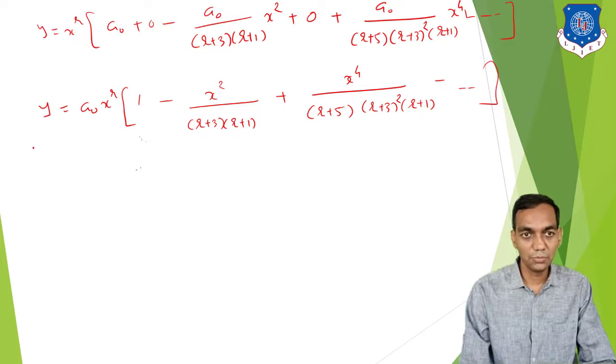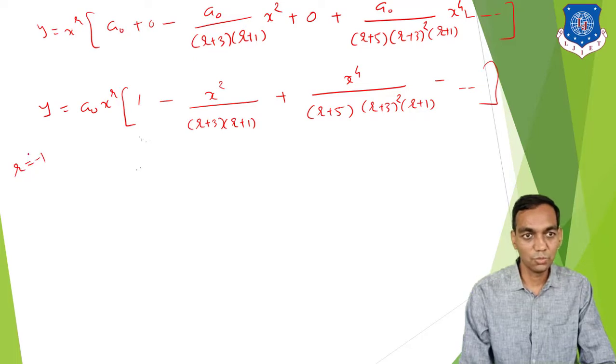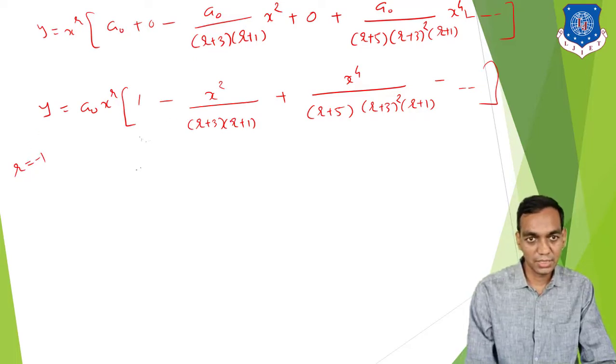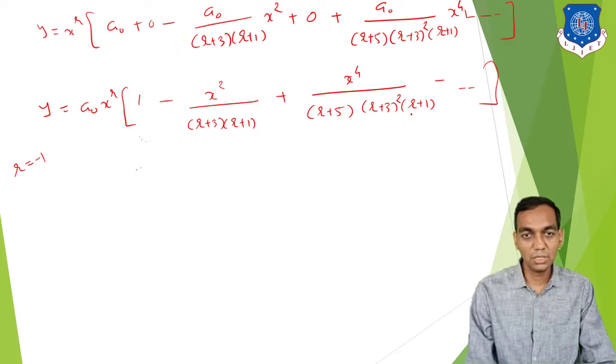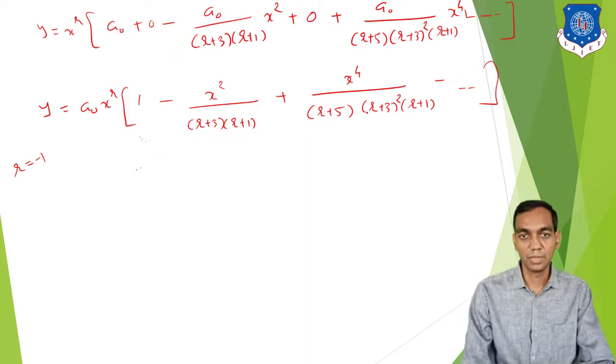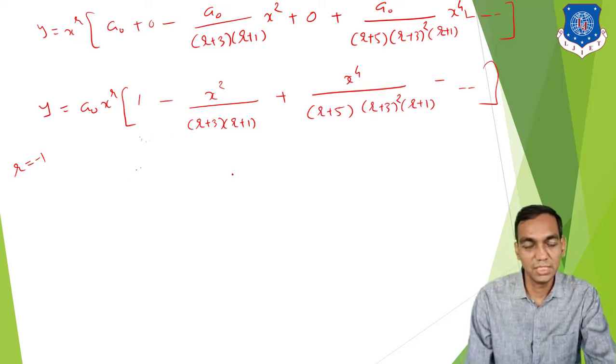Now see, if you are going to put r is equal to minus 1, because first you have to put minus 1, then in that case this denominator is going to be 0. Also this denominator is going to be 0. That means in each denominator you have a factor r plus 1. So this becomes infinite. So this is a case 4.